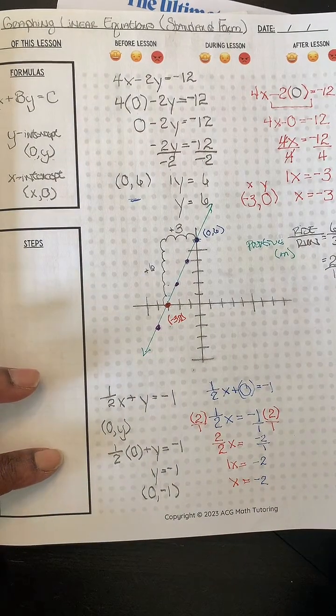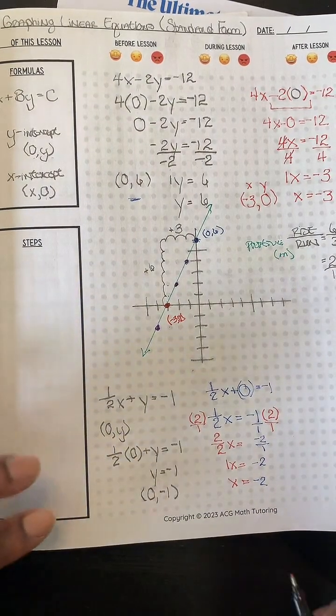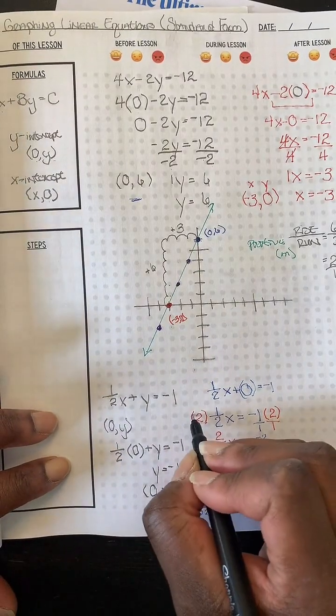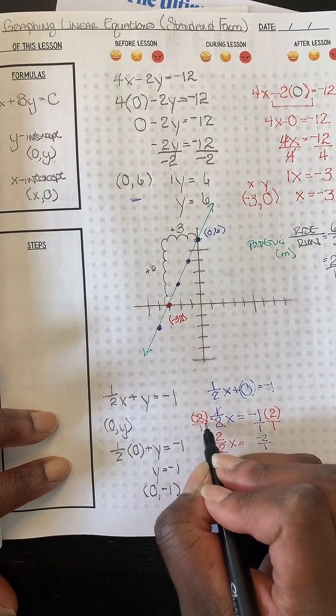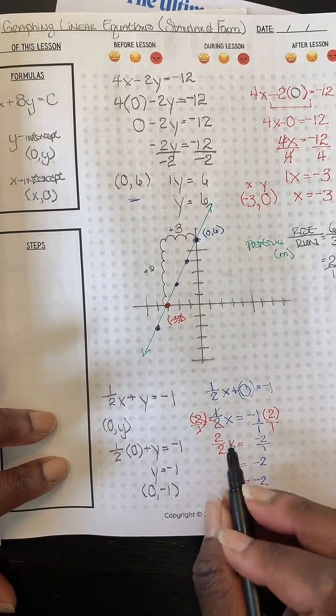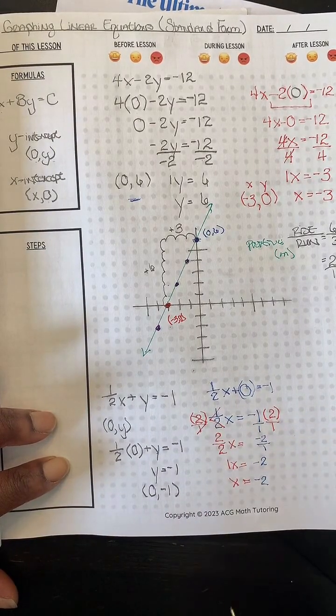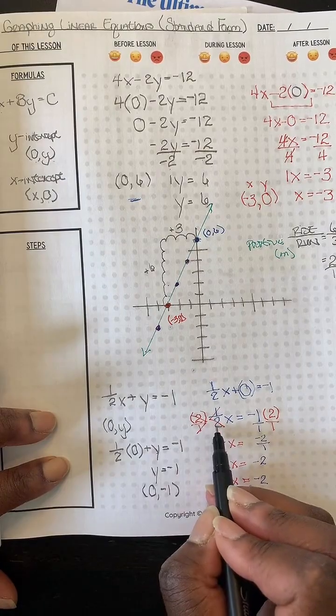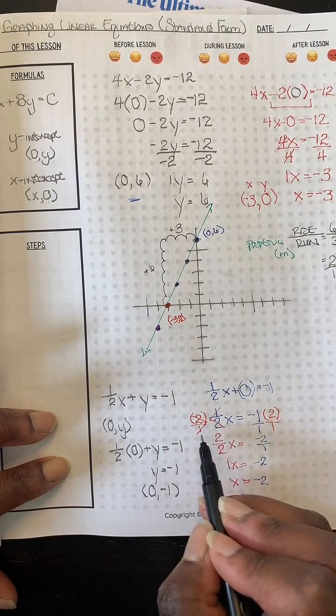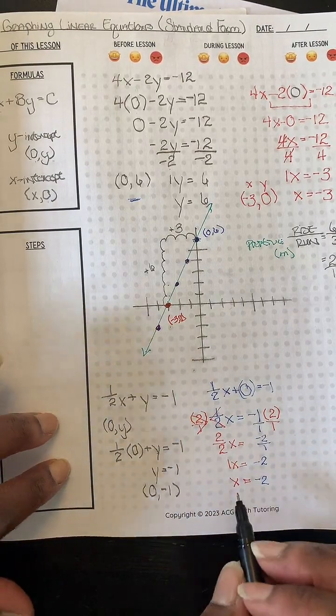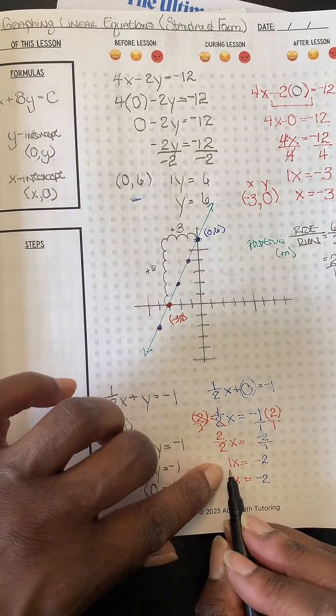So when you see possibly your teachers or maybe some other tutors doing this, they're doing what's called cross simplifying, because 2 divided by 2 gives me 1, 1 divided by 1 gives me 1, and we know that 1 divided by 1 will just give me 1.